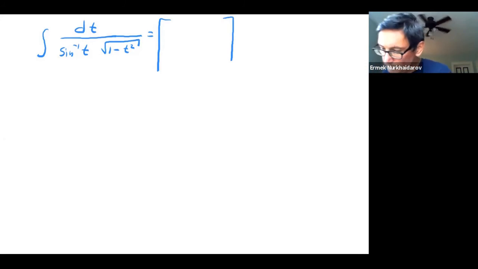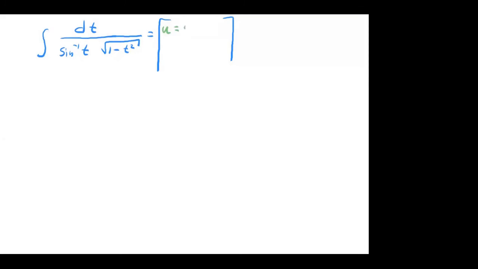Okay, so what's going to be u? If you look at the expression, essentially we have only two choices. It's either sine inverse of t or the square root of 1 minus t squared. Sine inverse t, I agree, that's a better choice.